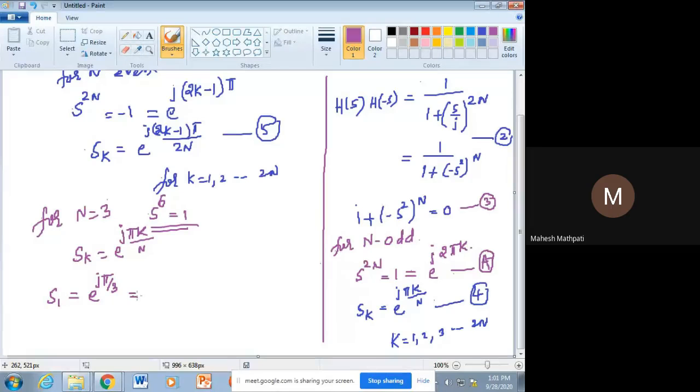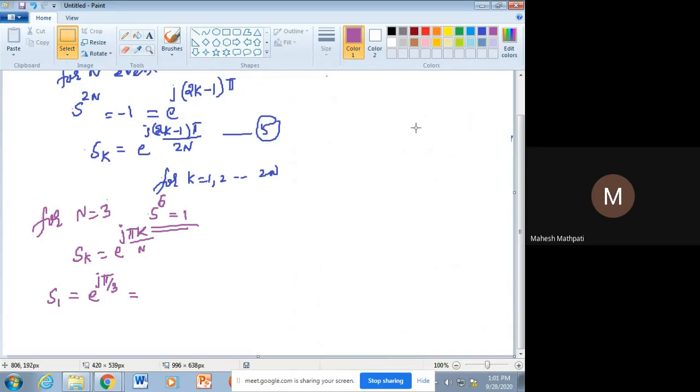Can you tell me the value of this? The first root we are calculating, s1 equals, what is the value of s1?